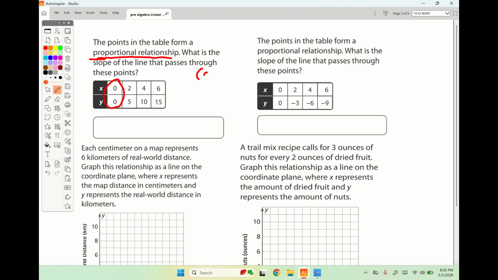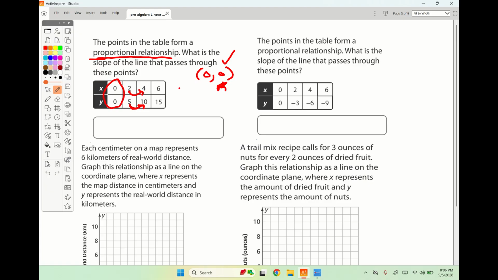And now to find the slope, just look at the change in the y and the change in the x. So from 5 to 10, it went up by 5, and from 2 to 4, it went up by 2. So 5 over 2 is your slope, and that's it.